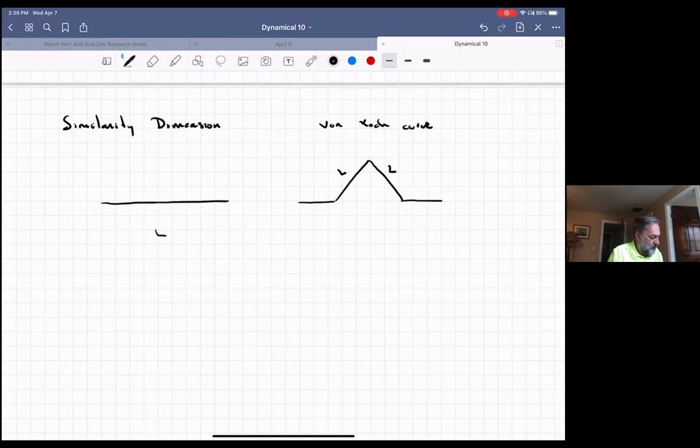Actually, no, they won't have a length of L. Right, that's not what you do. So you go into the middle third. Okay, 1, 2, 3.